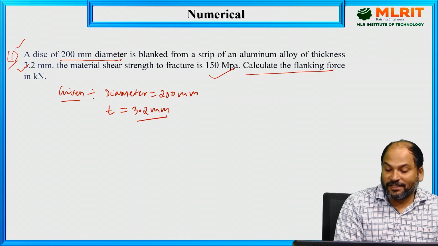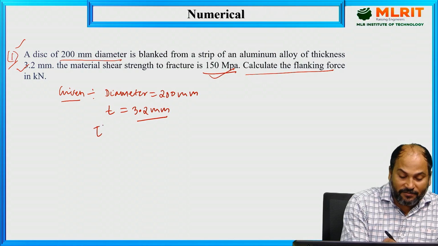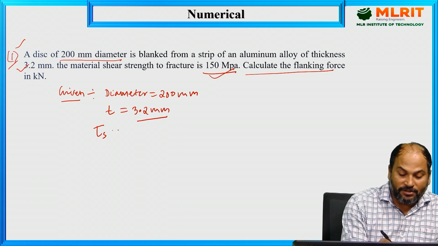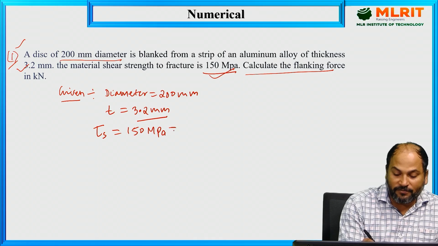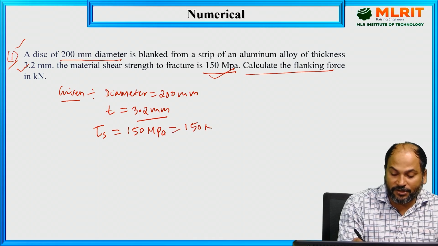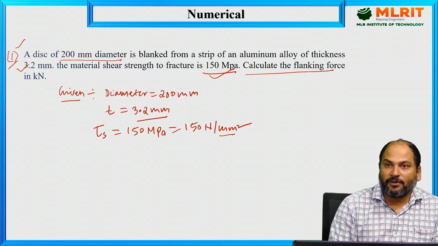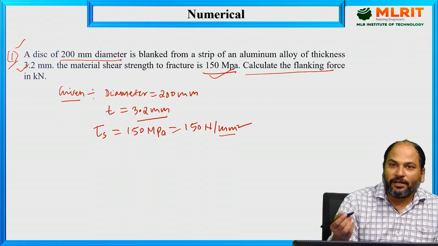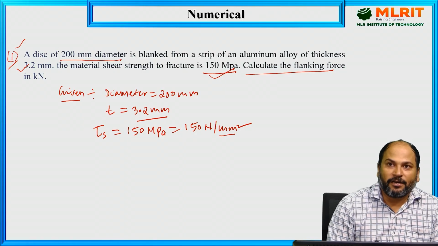Then the shear strength of the material is given. If we represent shear strength by tau S, it is 150 megapascal, and this megapascal we know can be written as 150 Newton per square millimeter. If we converted mega, 10 to the 6, into meters, we would multiply by 10 to the minus 6, and it would become 150 into 10 to the 6 Newton per meter square.